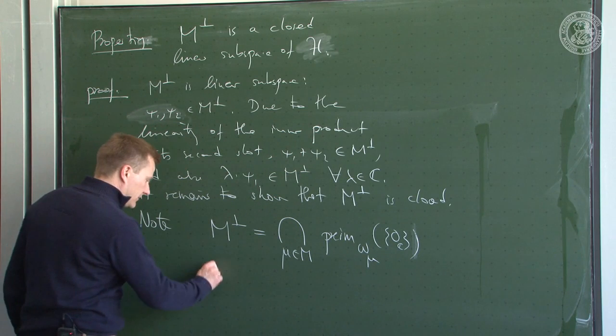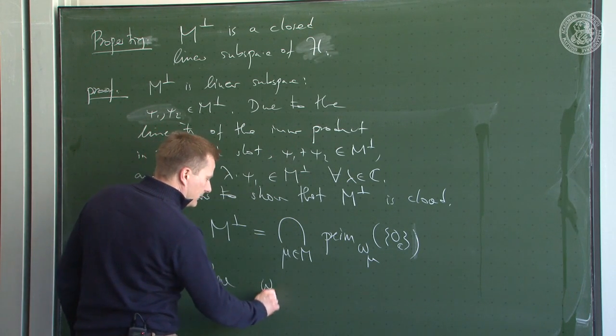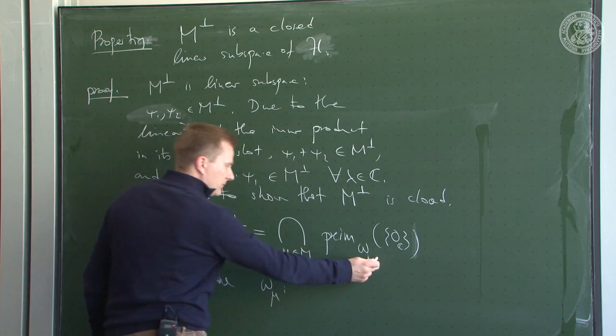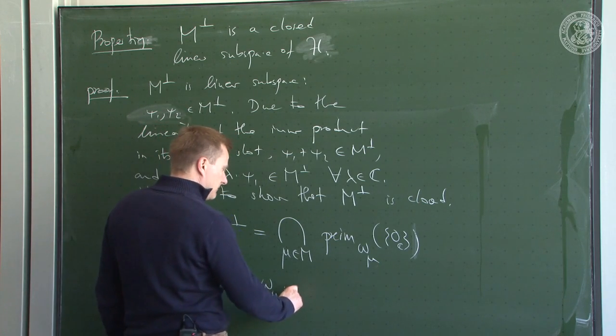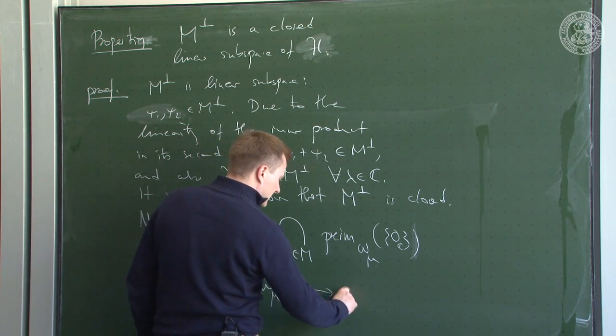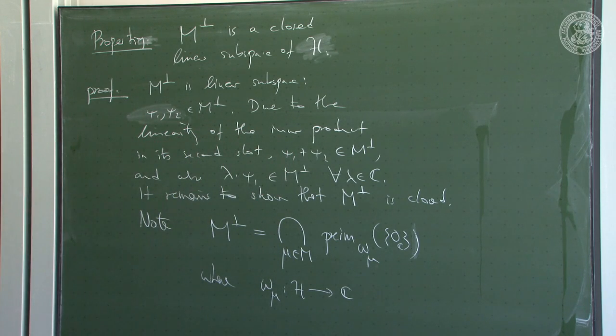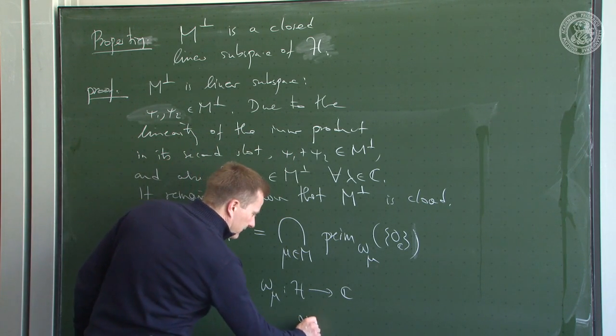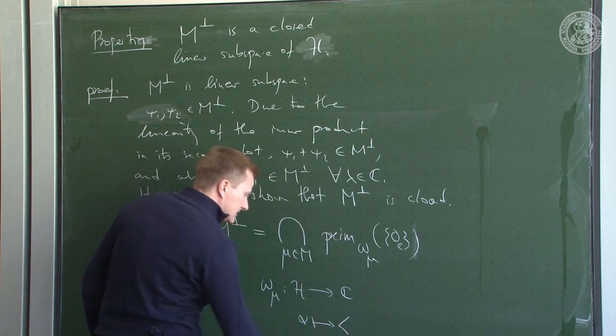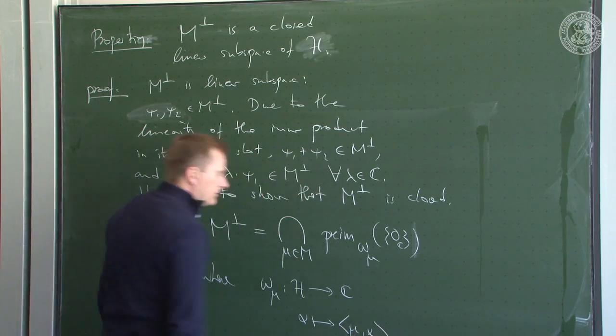I'll say a word about this in a second. The omega mu maps, where the mu comes from M, is a map from H to the complex numbers that assigns to each alpha in H the complex number inner product of mu and alpha.